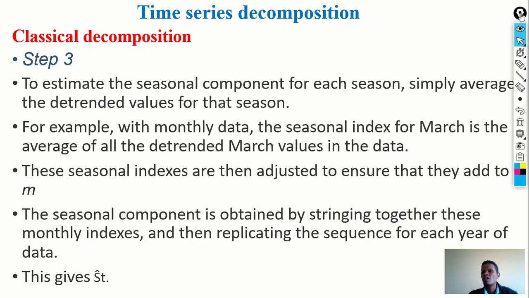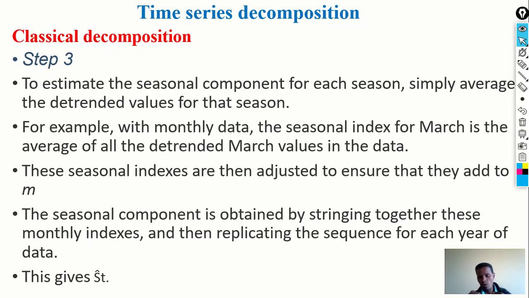Okay. Now, the seasonal component is obtained by stringing together these monthly indexes and then replicating the sequence for each year of the data. That is the same. So the average of this detrended series will give us the seasonal component.